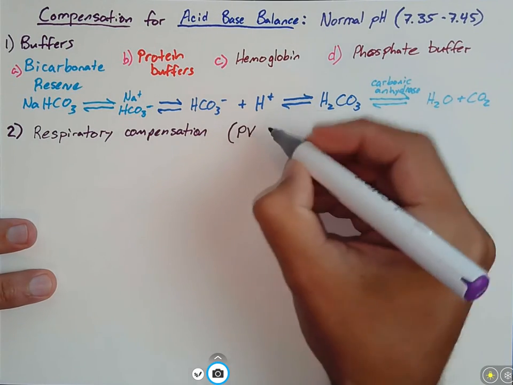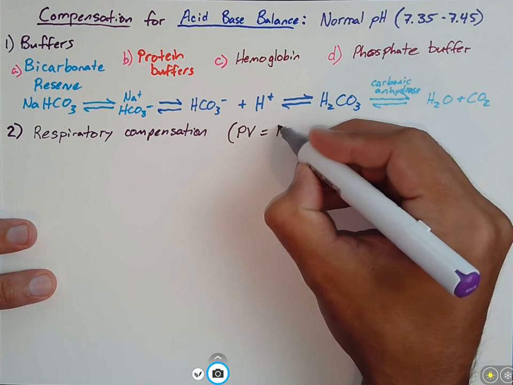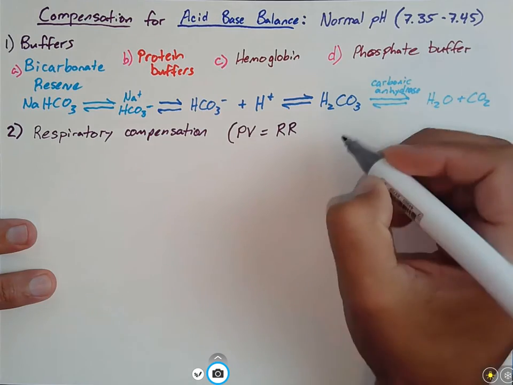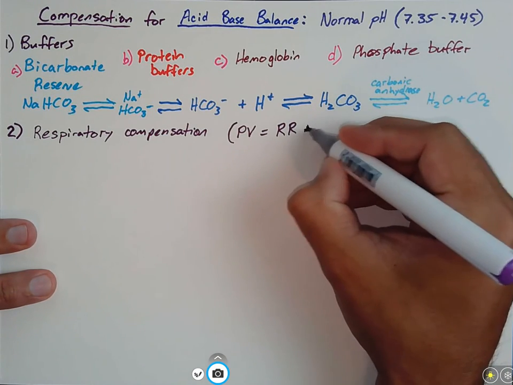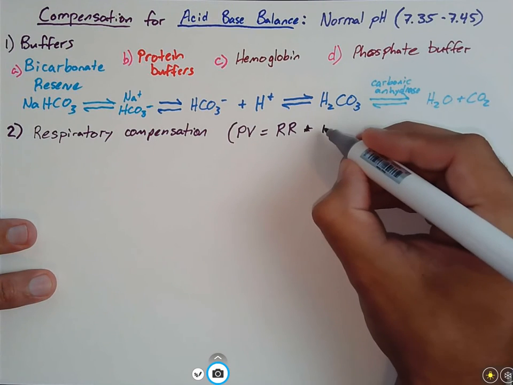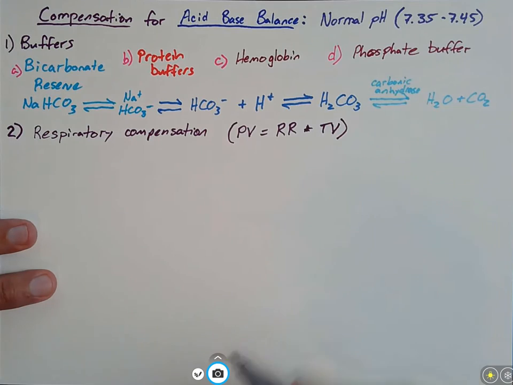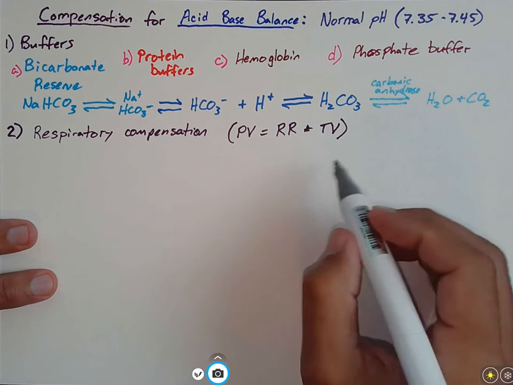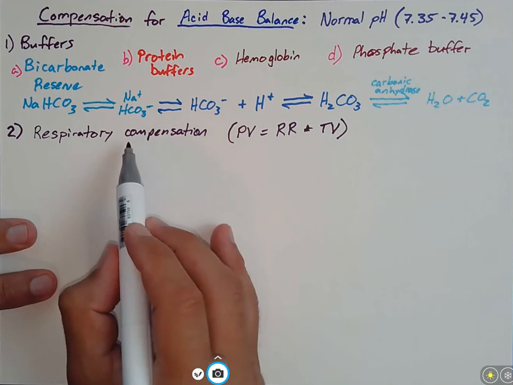Pulmonary ventilation is equal to the respiratory rate, the speed at which a person breathes, times the depth that they're breathing, tidal volume. And you can also look at alveolar ventilation, which takes into account dead space, but this is the easiest way to think about it.